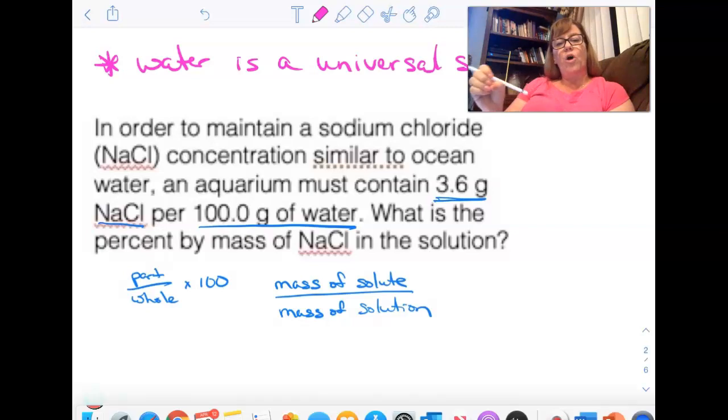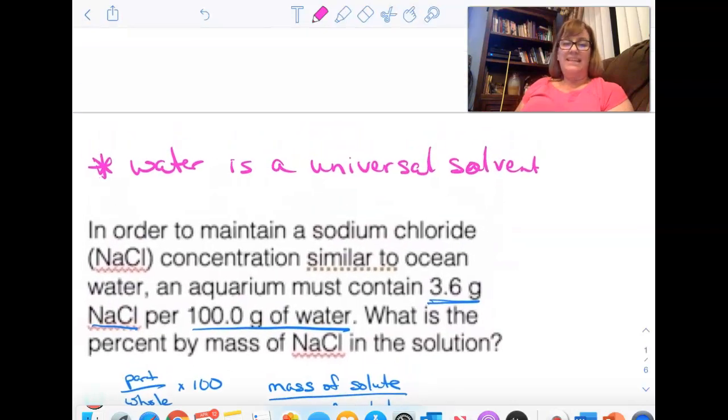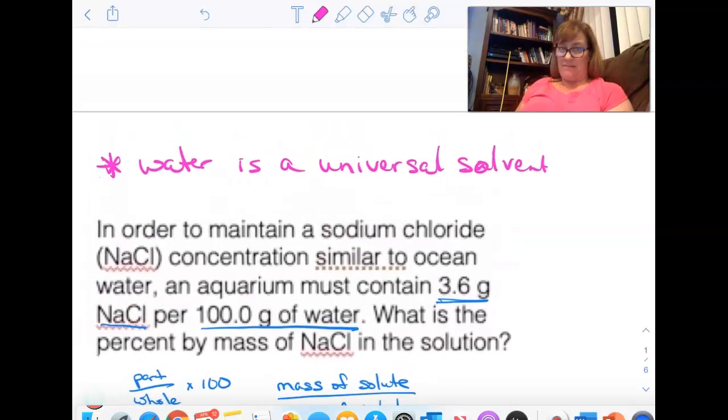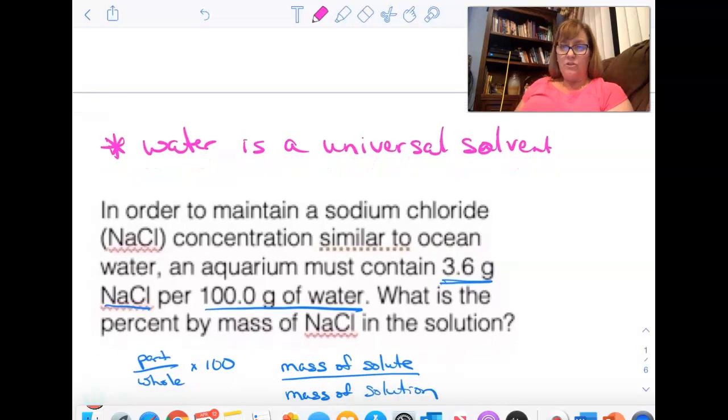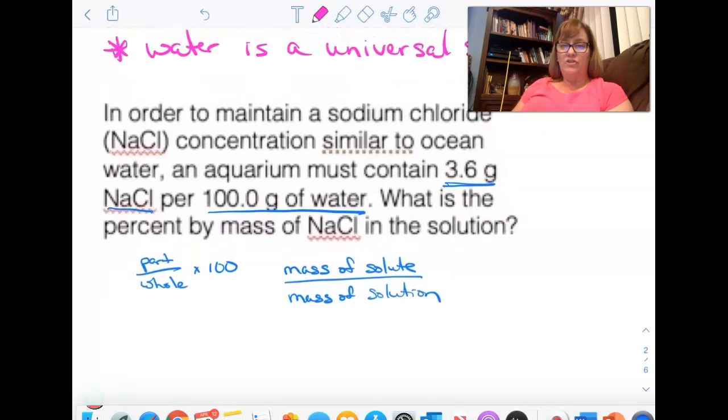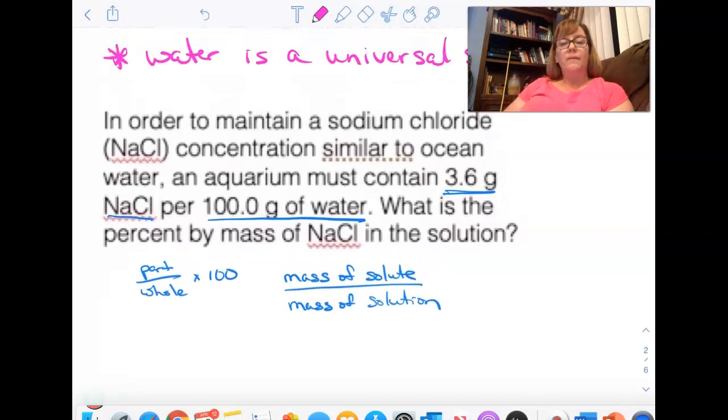So if water is the solvent, can it be the solute? And the answer is no, it can't be. Water is the solvent in these problems. So therefore, sodium chloride is your solute. So we have 3.6 grams of sodium chloride.